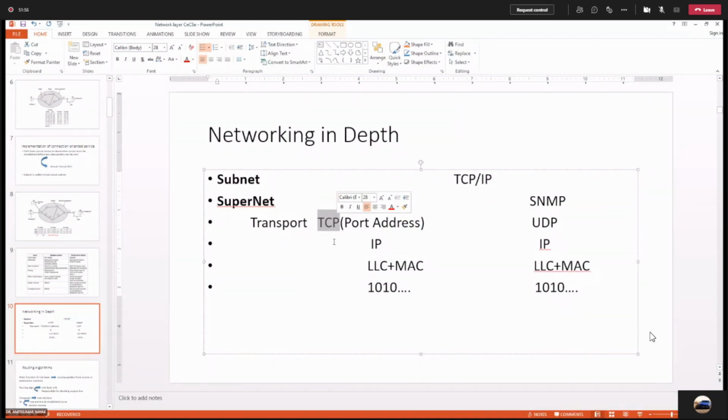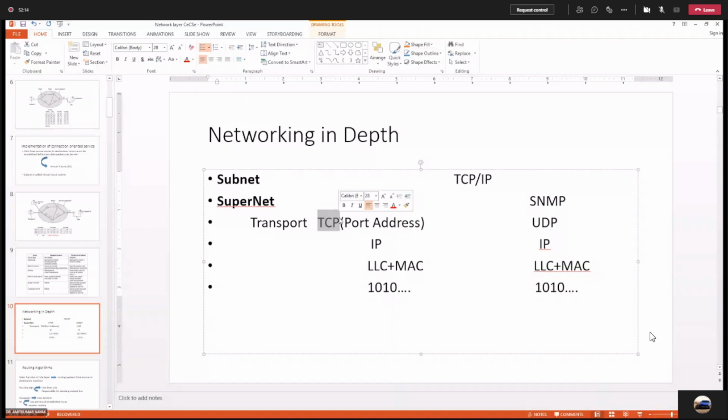So TCP protocol is more complex and UDP is a simple protocol, because TCP has to deal with individual packets.